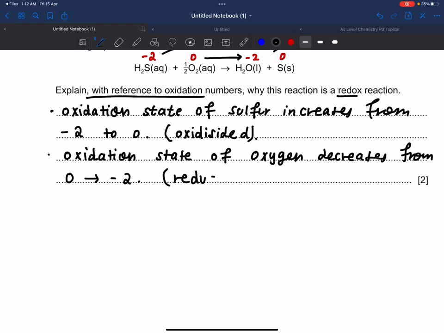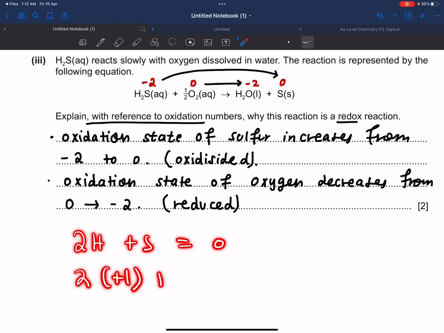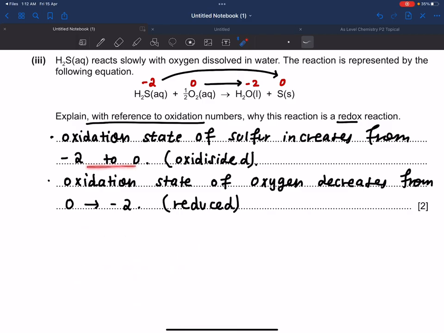If you're wondering where the 0 came from, remember that any element on its own, or a compound on its own not having a charge, has an oxidation state of 0. For example, this whole compound is equal to 0, but hydrogen is +1. There are two of them. So 2 hydrogens plus sulfur will be equal to 0. Hydrogens are +1, so sulfur will come out to be -2. That's how you calculate the oxidation states.